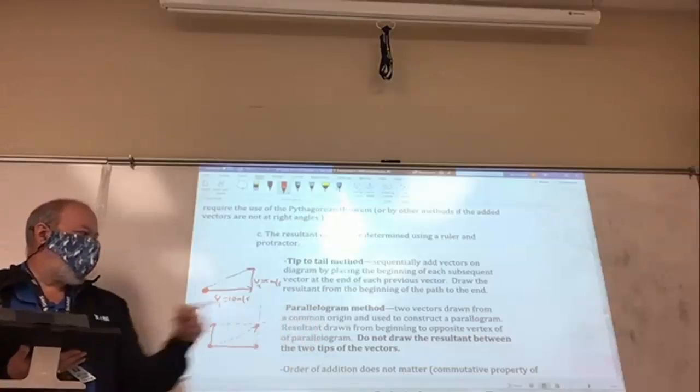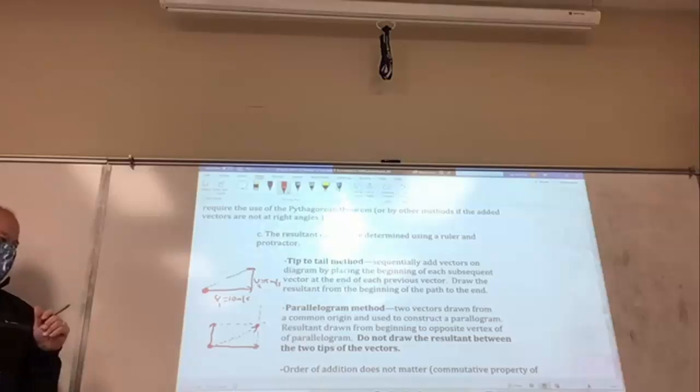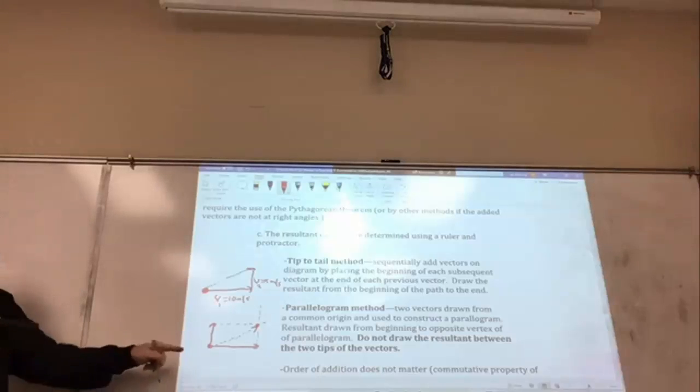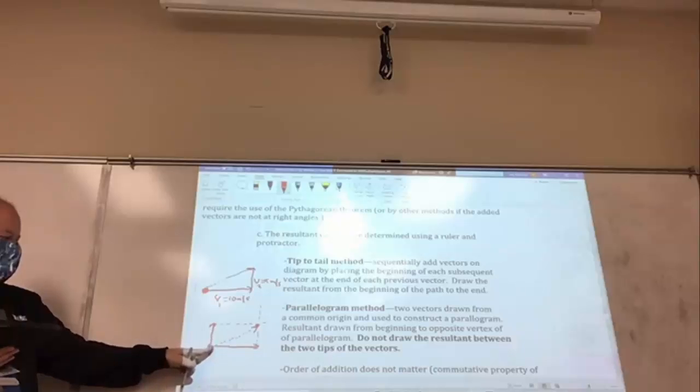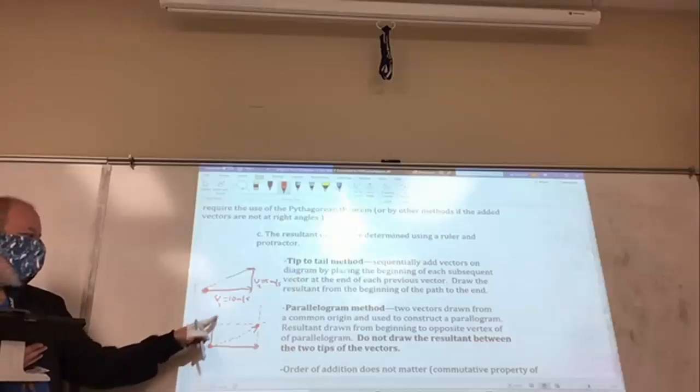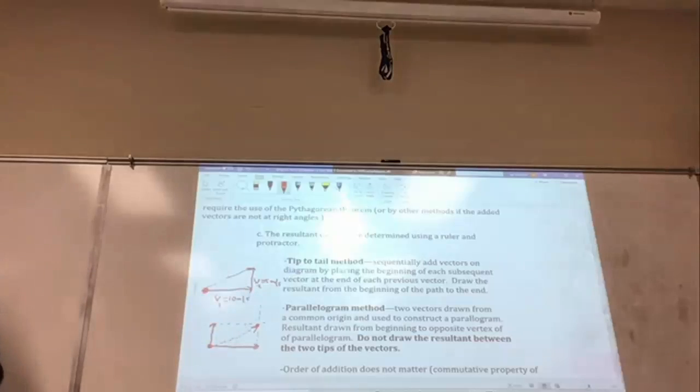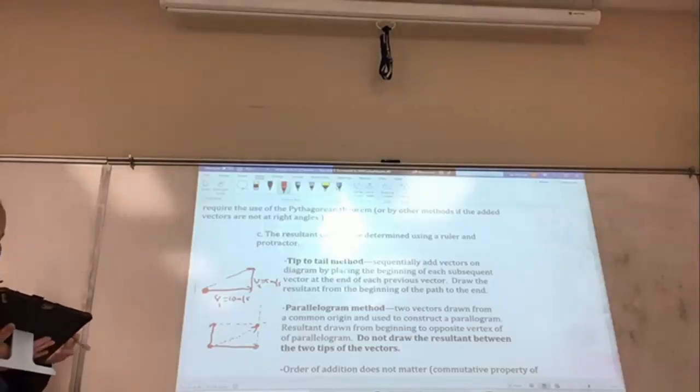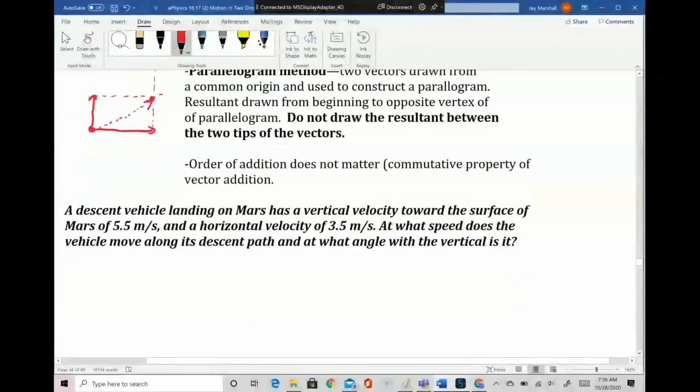We won't use this method because it's a lot more confusing, although it does accurately show that both of these vectors affect the object at the origin, rather than having to move this vector to the other point. The order of addition doesn't matter.